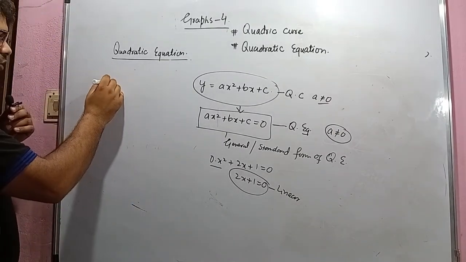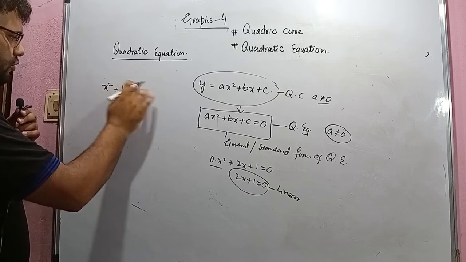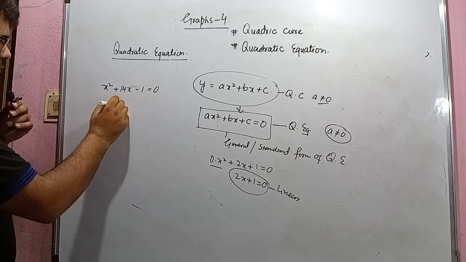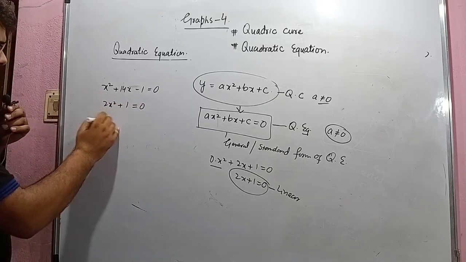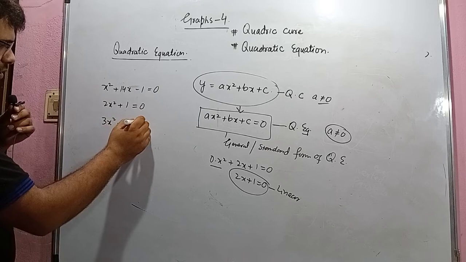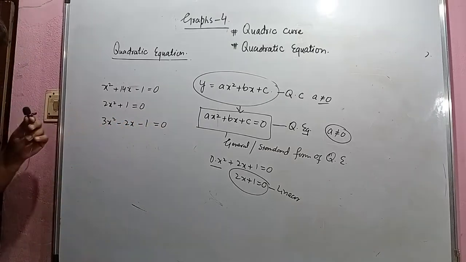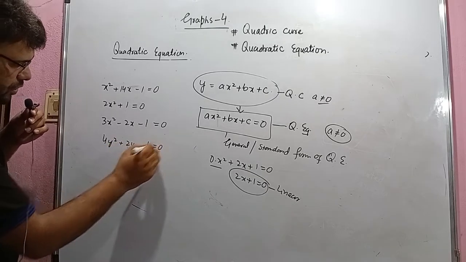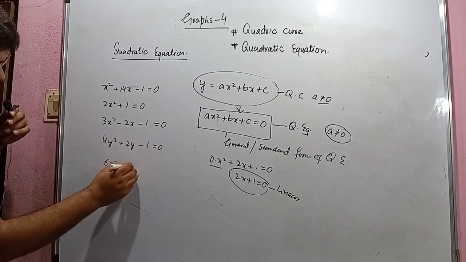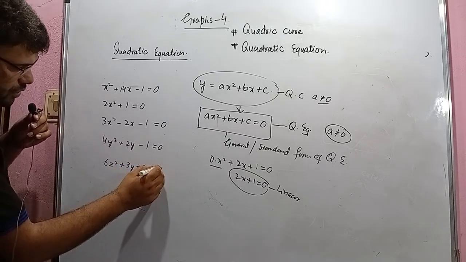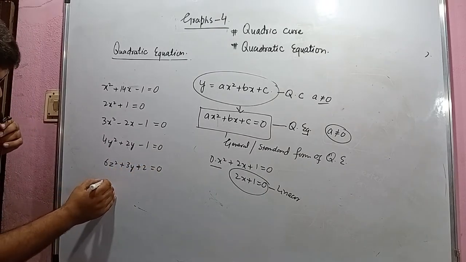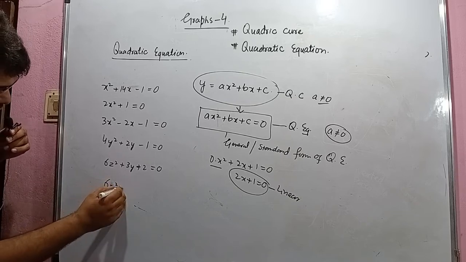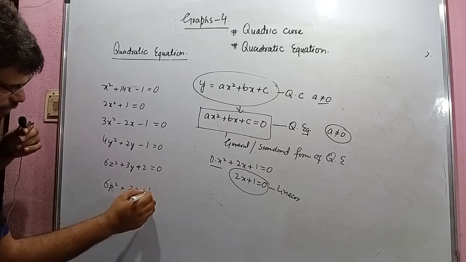If I have x square plus 14x minus 1 equal to 0, 2x square plus 1 equal to 0, 3x square minus 2x minus 1 equal to 0, and one more we have 4y square plus 2y minus 1 equal to 0, 6z square plus 3y plus 2 is equal to 0, and we have 6p square plus 2p plus 1 equal to 0.